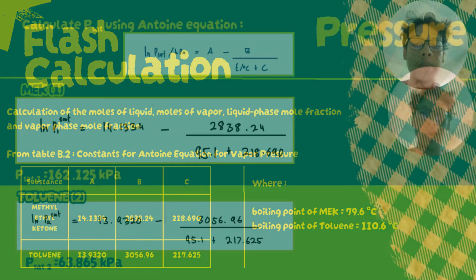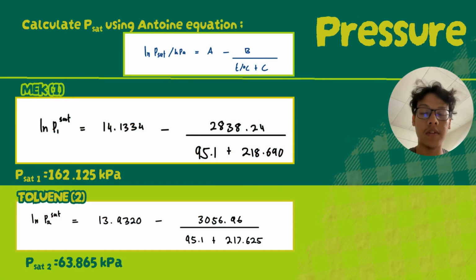By substituting all of the constants into the equation at a temperature of 95.1 degrees, we get the P saturated for MEK equal to 162.125 kilopascal, while the P saturated for toluene is 63.865 kilopascal.